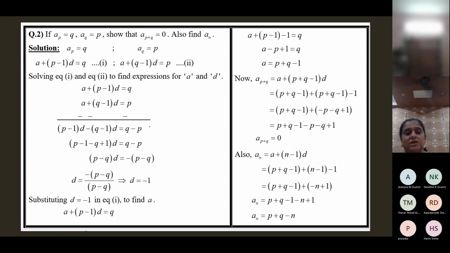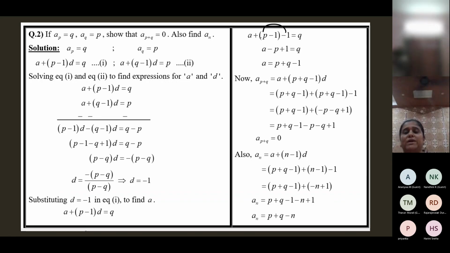Next, we found D. Now we'll substitute and get the expression for A. So substituting D is equal to minus 1 in equation 1 to find A. This is the first equation. Where you have D, put minus 1. Multiply minus 1 with P and minus 1, because D is in multiplication there.